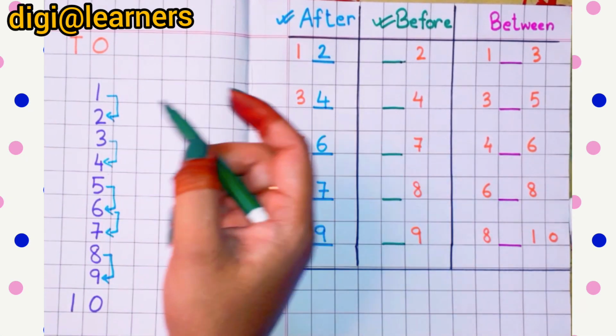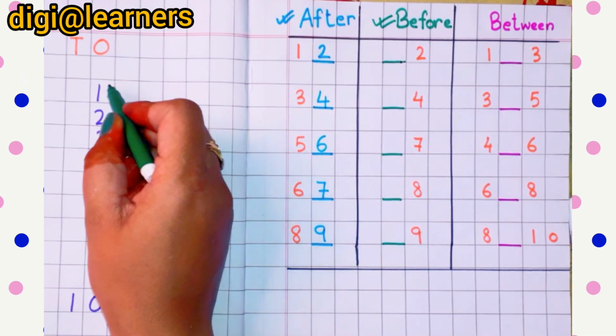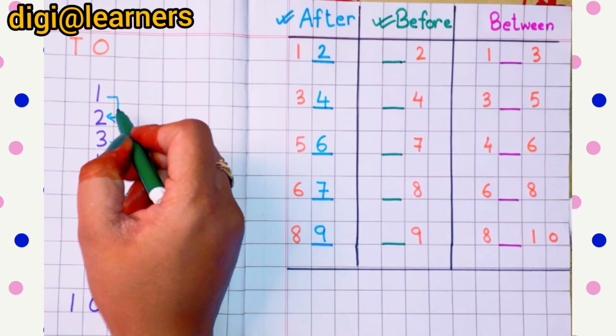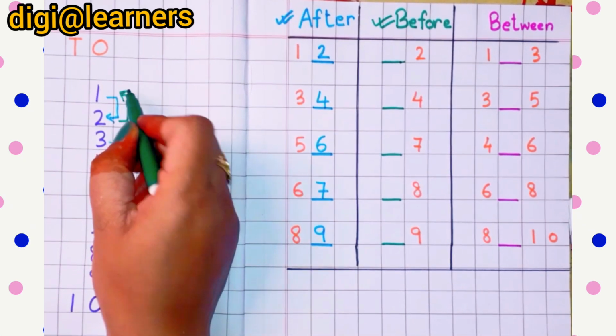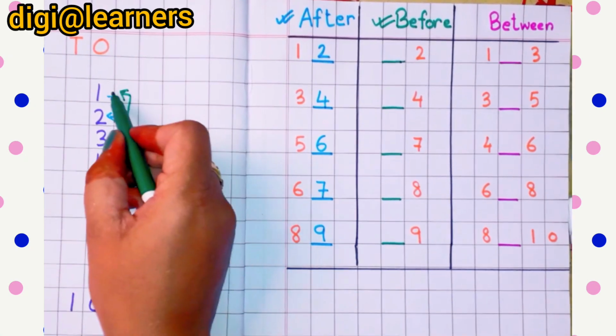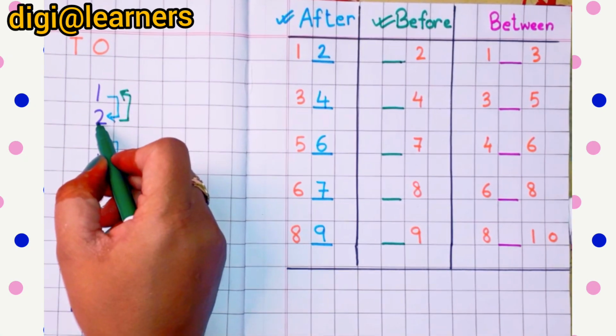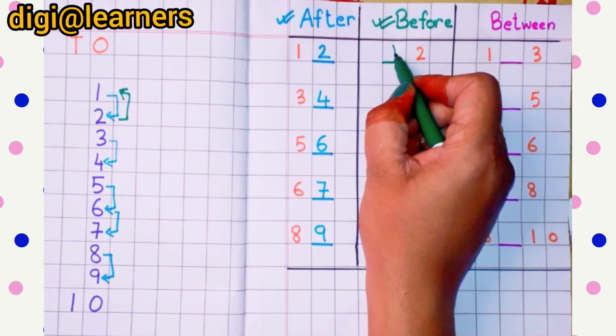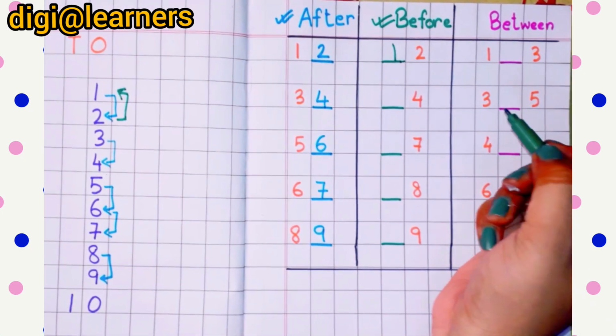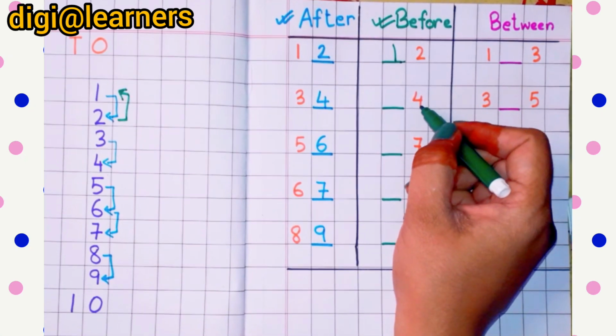Now which number are you writing before 2? You have to see that. You will go upwards. What are you writing before 2? You are writing 1. So what answer will you write here? 1. Okay. Now here is 4.